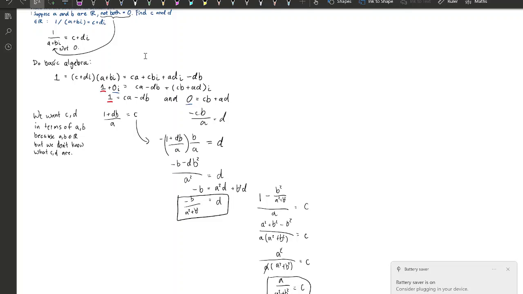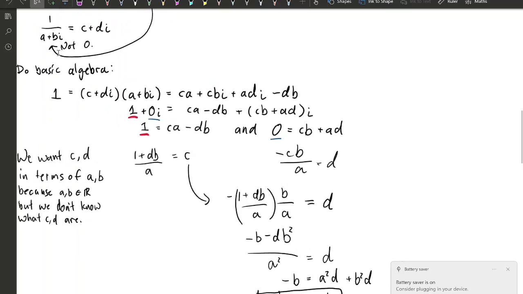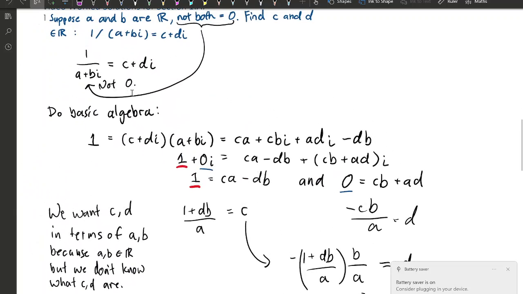This is just a basic algebra exercise, really. So multiply both sides by a plus bi, and you get 1 equals c plus di times a plus bi. So that's multiplied over. Then expand that so that you can get a complex number, and you get this complex number here.